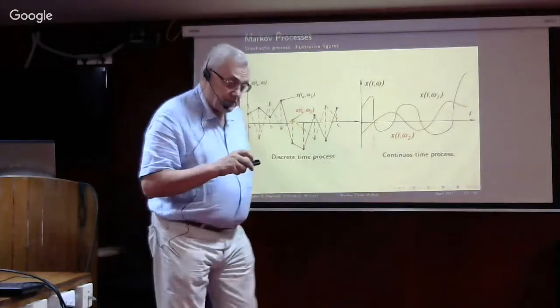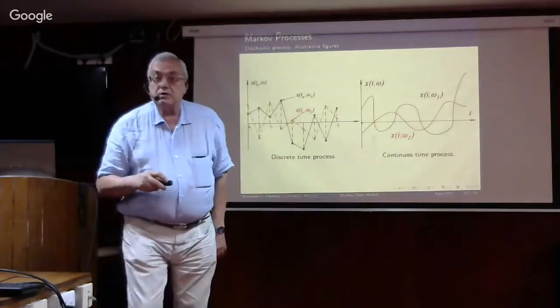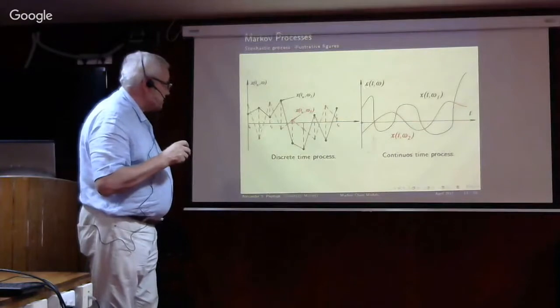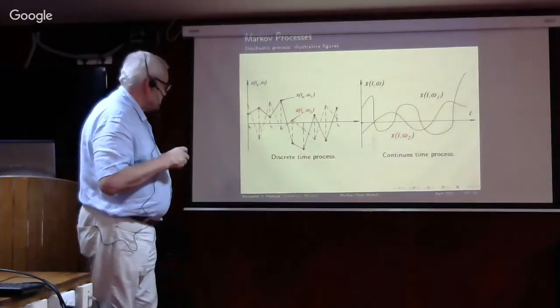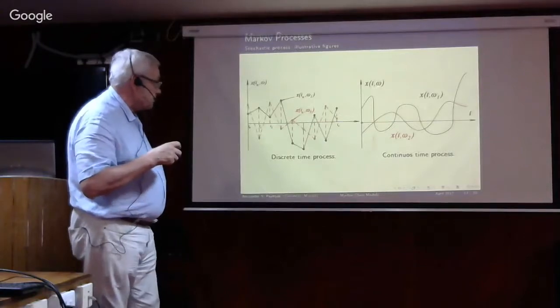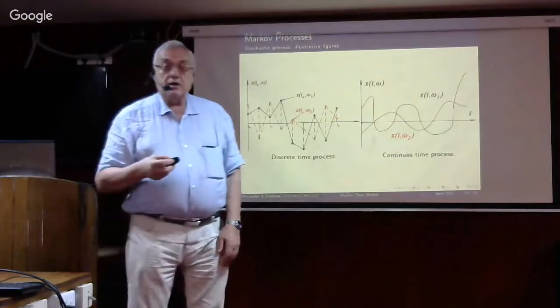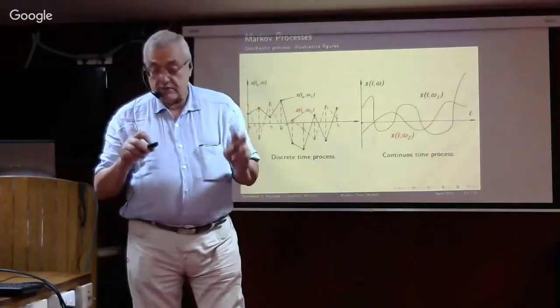Now, random processes: what is the difference compared to deterministic processes? A deterministic process x of t, this is discrete time, the same as continuous time. x depends on t, it's a function of t. In stochastic processes it depends on 2 variables.